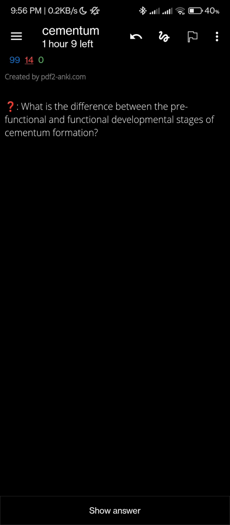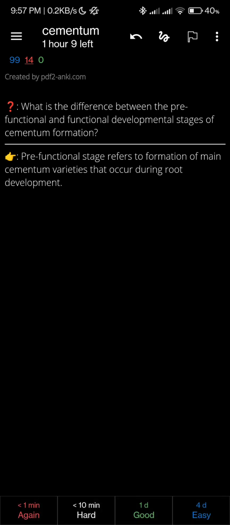What is the difference between pre-functional and functional stages of cementum?